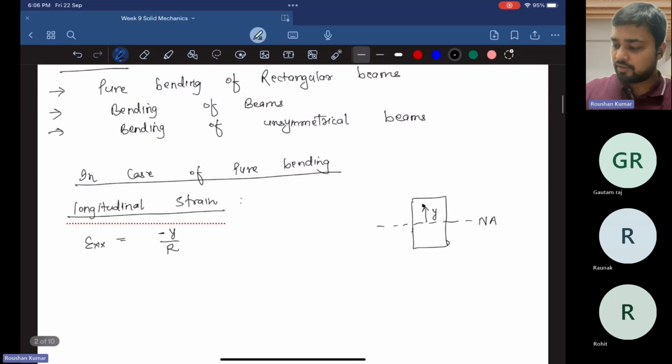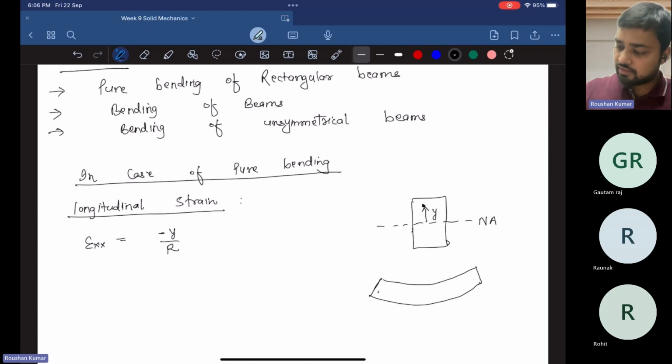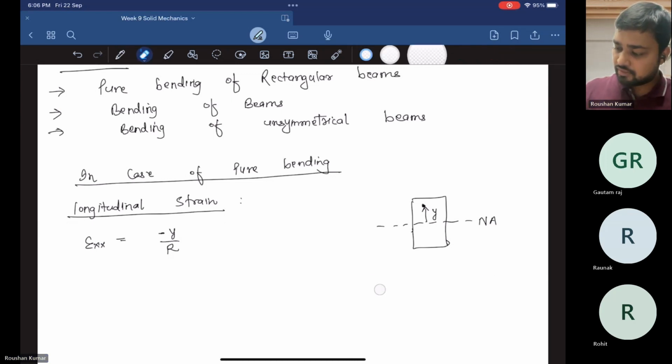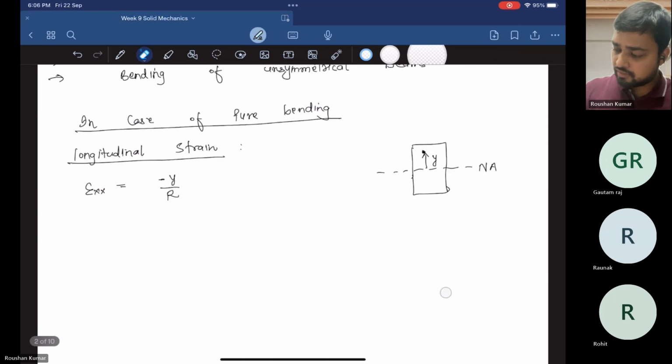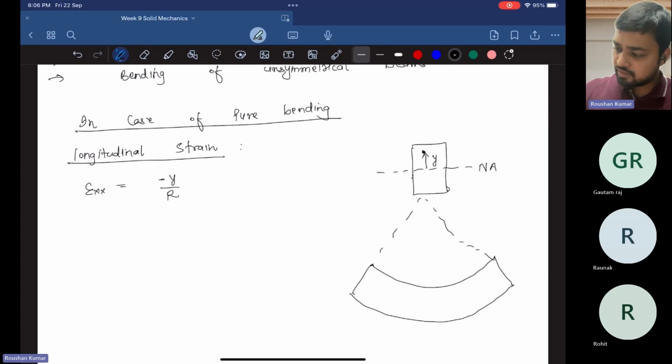Suppose we have one beam and we apply a moment across its ends, so it bends. R here is the radius of curvature.